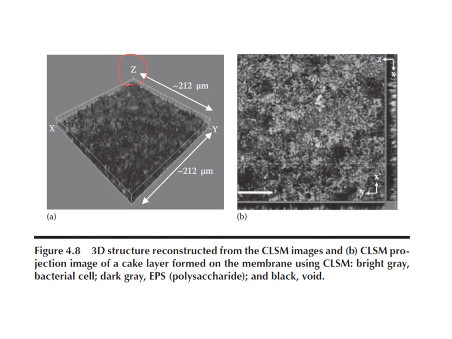So we have a series of images, and we can interpolate between images so that we have a continuous three-dimensional object in the computational space, and by some mathematical calculation we can find out how much cells are encoded in this space and how much void space exists inside. So that's the basic idea of CLSM.